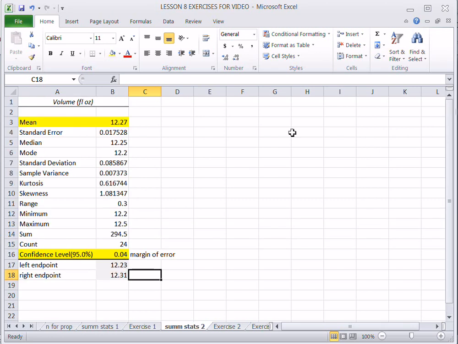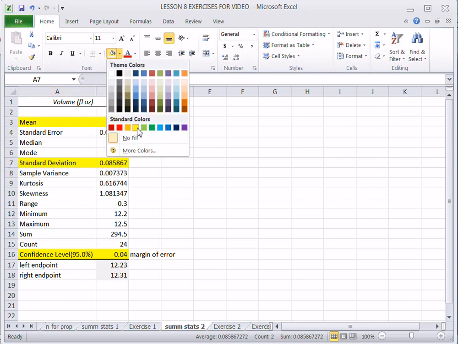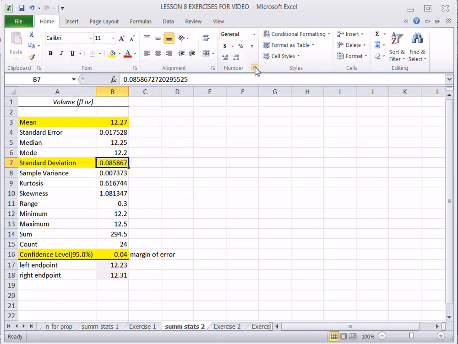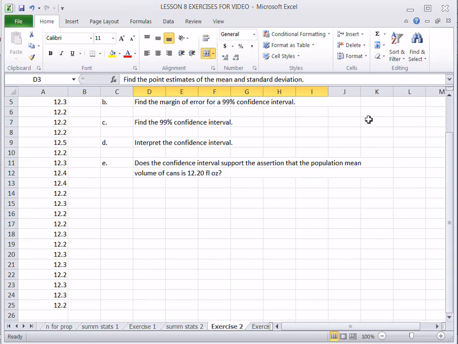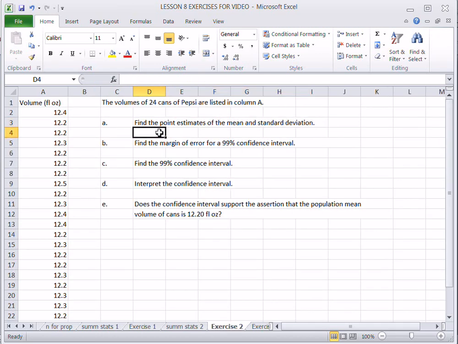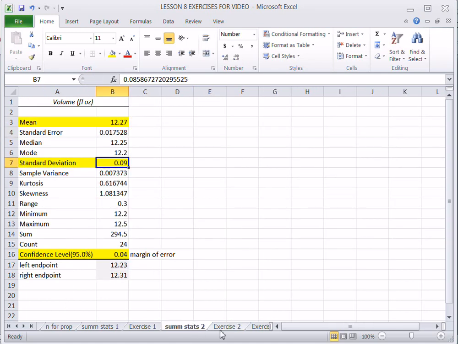Now for our point estimates, we already had the mean of 12.27, and here's the standard deviation. Again, let's cut this down to just 2 decimal places. All right, so to answer exercise 2, our sample mean, x bar, is 12.27. Our sample standard deviation, s, is 0.09.